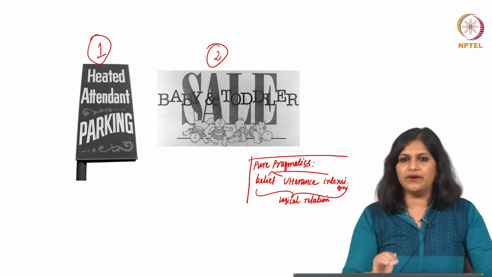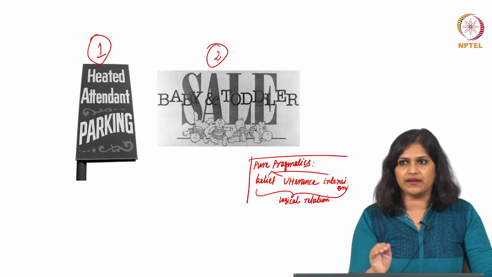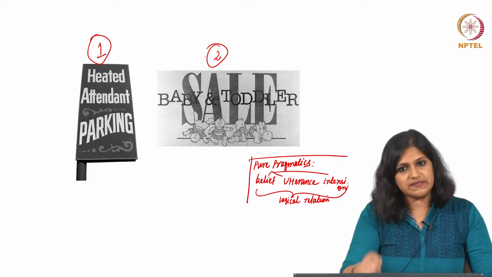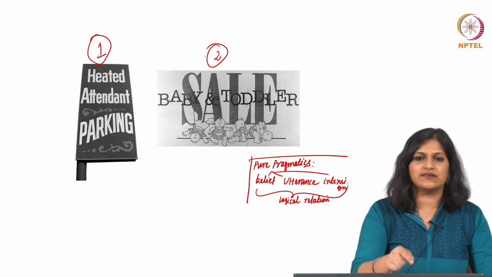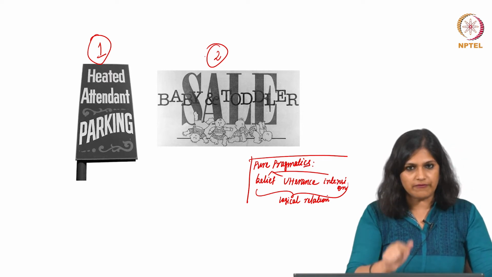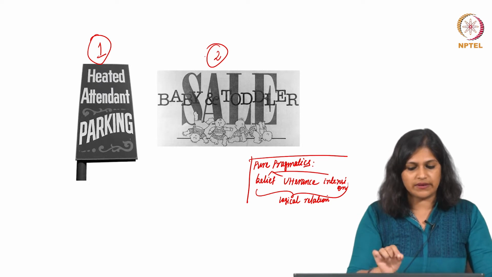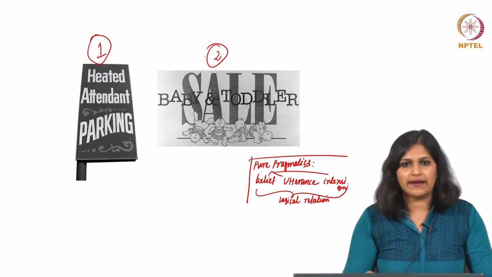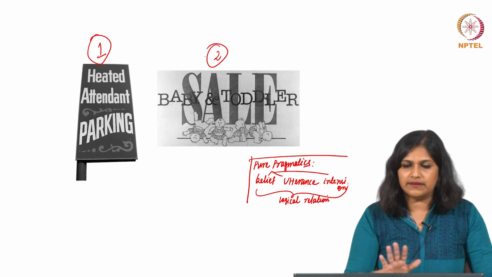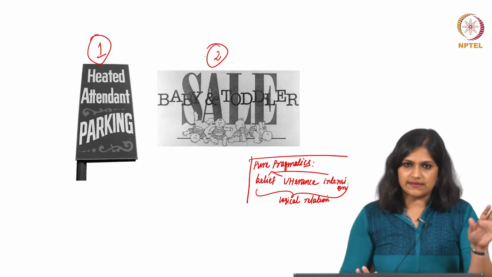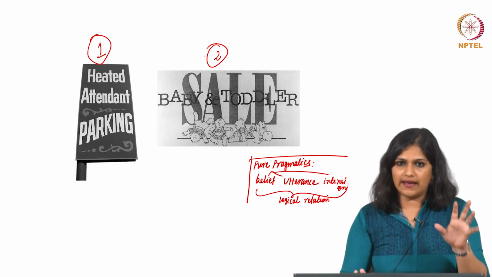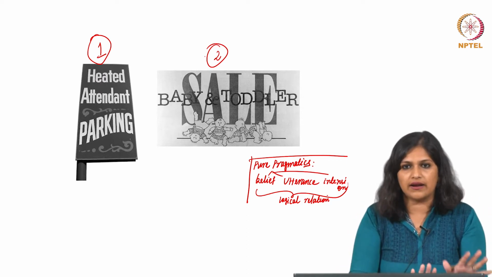That means beyond the linguistic information, there must be something else which helps us to get the meaning out of it. Similar is the case with the first hoarding or the first signboard. Though it is written heated, attendant, parking, we understood that the attendants are not parked here, the attendants are not heated, rather this is a heated place and they have the attendants to take care of your car, do not worry.